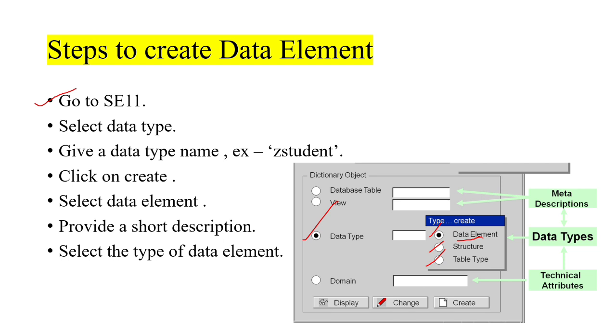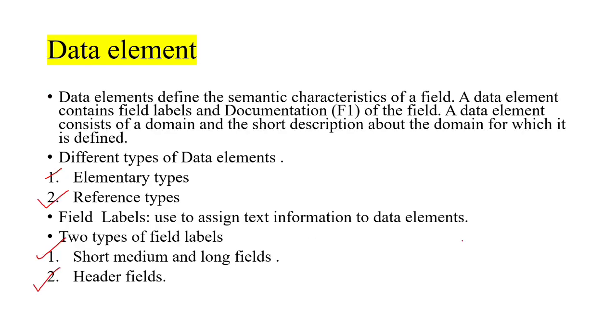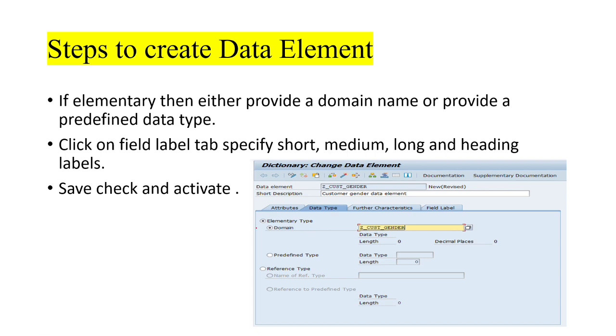Thereafter, select the type of the data element. As we saw, there are two different types of data element, elementary and reference. In the elementary type, again we have two types, that is domain and predefined type.